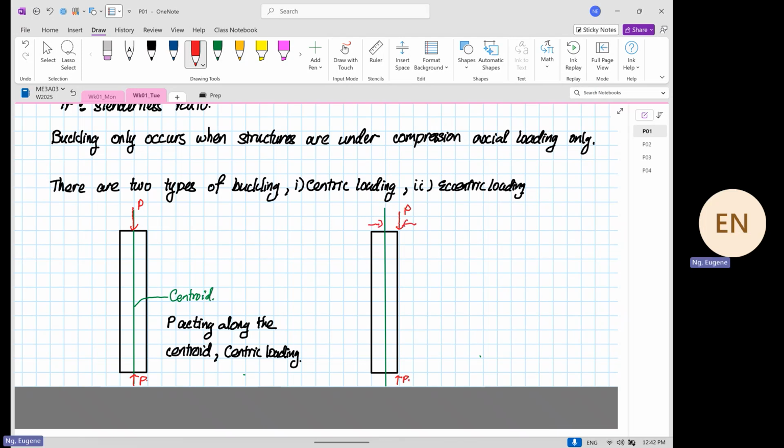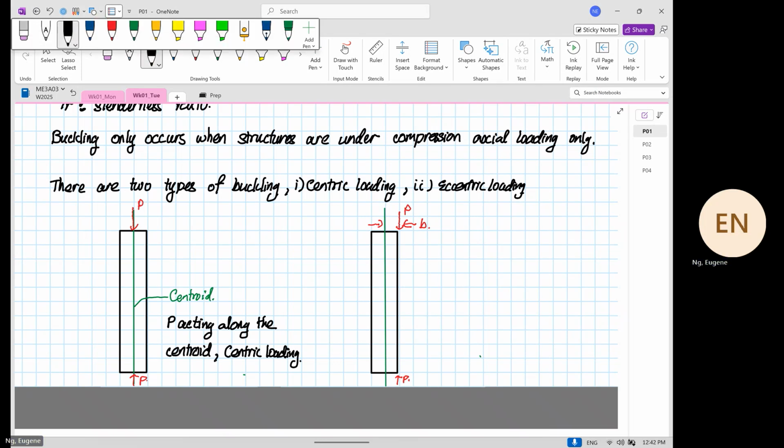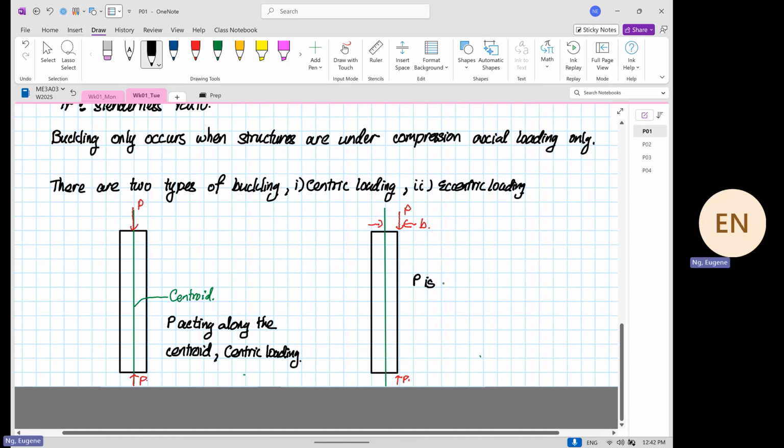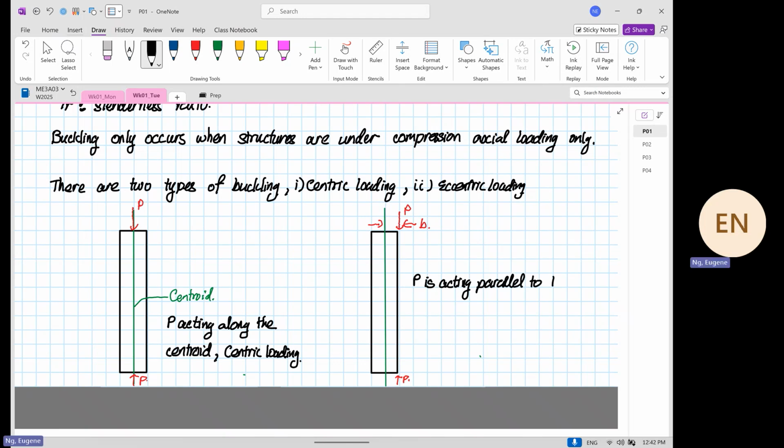So we have an offset distance known as B. And take note, for this case, P is acting parallel to the centroid, with an offset distance B. So this is what we call eccentric loading.